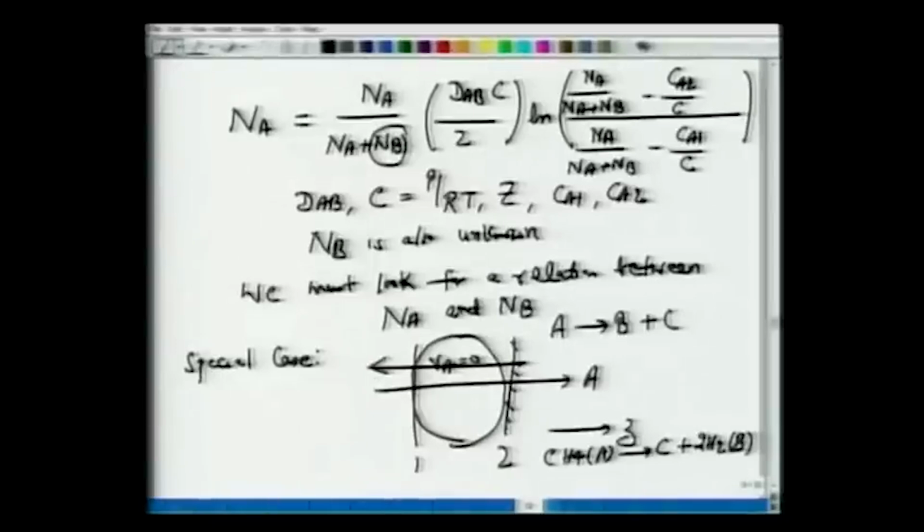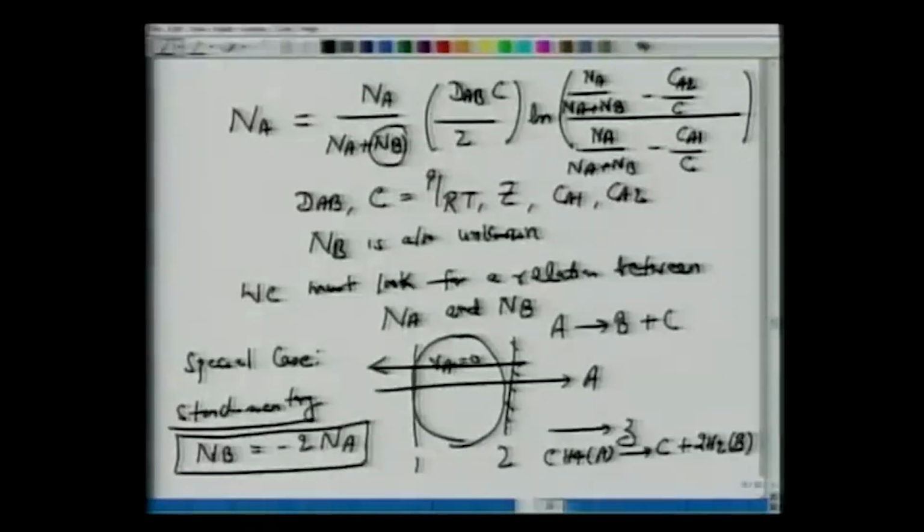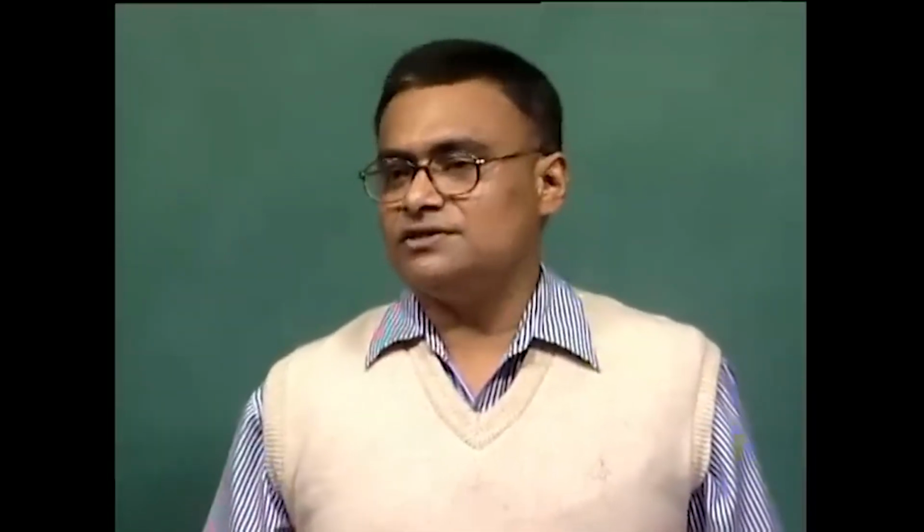Okay. So in this case, if you look at the stoichiometry, if you recall, we said that one of the prerequisites is stoichiometry. Na and Nb are related due to their stoichiometric ratios. So we have one more equation, essentially Nb in terms of Na, and now we can go back and substitute Nb in terms of Na to obtain a relation for the molar diffusion flux of A in terms of all the unknown quantities.